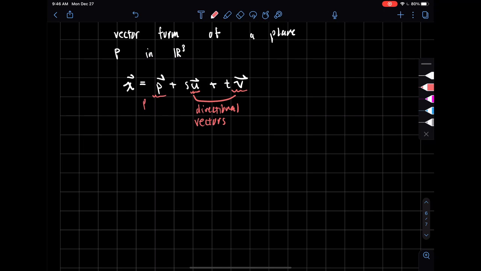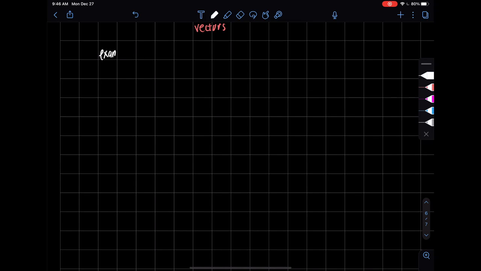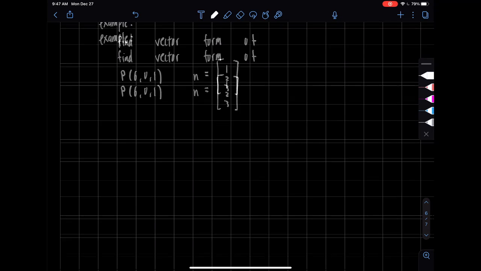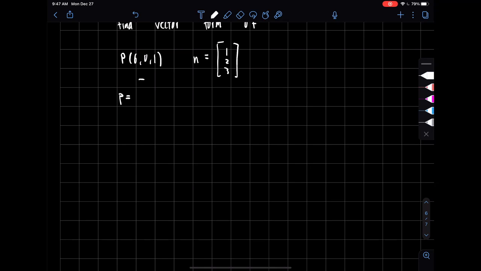So let's look at an example. We consider the vector form of P with p equals (6, 0, 1) and n equals (1, 2, 3). Let me show you my initial way of approaching this. I thought that p would be a column vector, and then we wanted to find two parallel vectors, but as we will see, this way doesn't really work out.